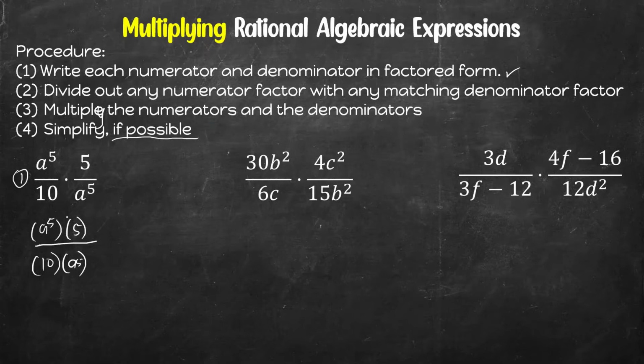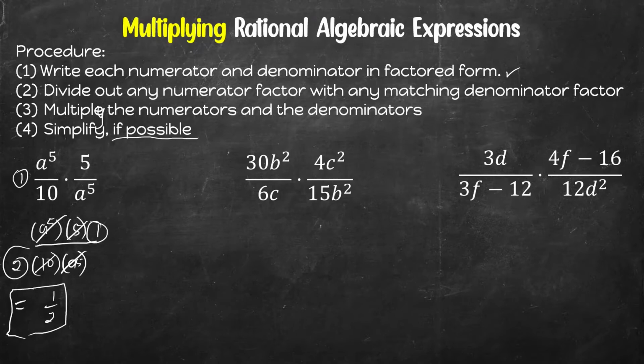So, a raised to 5, automatic cancel na natin yon. 5 and 10 are both divisible by 5. So, 5 divided by 5 is 1. 10 divided by 5 is 2. So, ang magiging sagot natin ay 1/2. Yun na lang natira, 1 over 2. So, kapag merong obvious na pwedeng i-cancel, cancel that out agad para hindi na kayo magtagal in solving or multiplying rational algebraic expression.